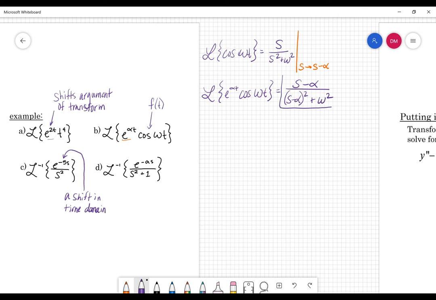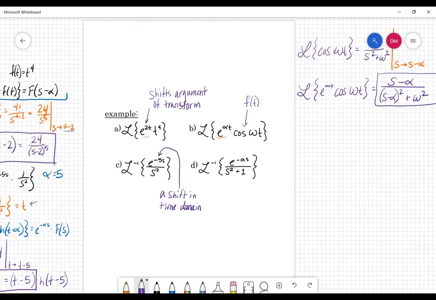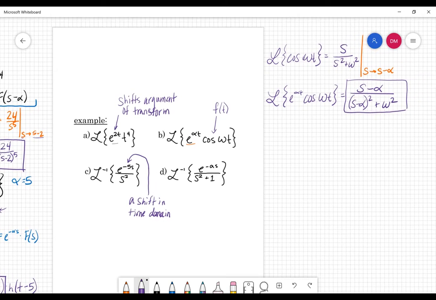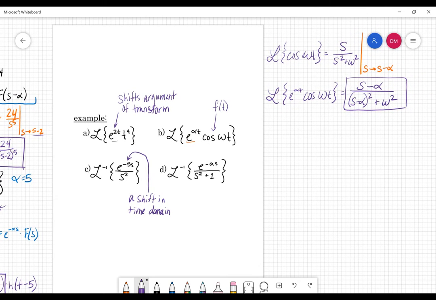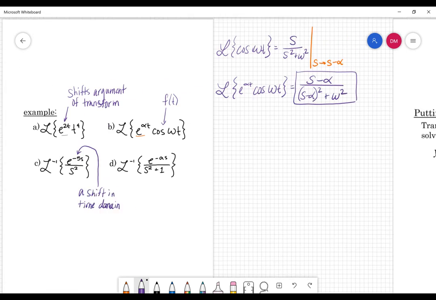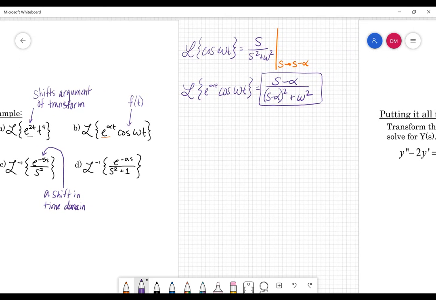And then this right here is our final answer. So a little similar to what we saw yesterday for example A, and that's what I was hoping you would see if you worked that one out on your own, that this just shifts the argument in our transform function.